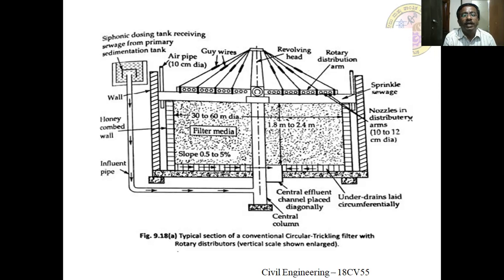From there it is sprinkled by the rotating distribution arm, which is connected to the central column by guy wires, and there is a revolving head. Usually the depth is 1.8 to 2.4 meters.